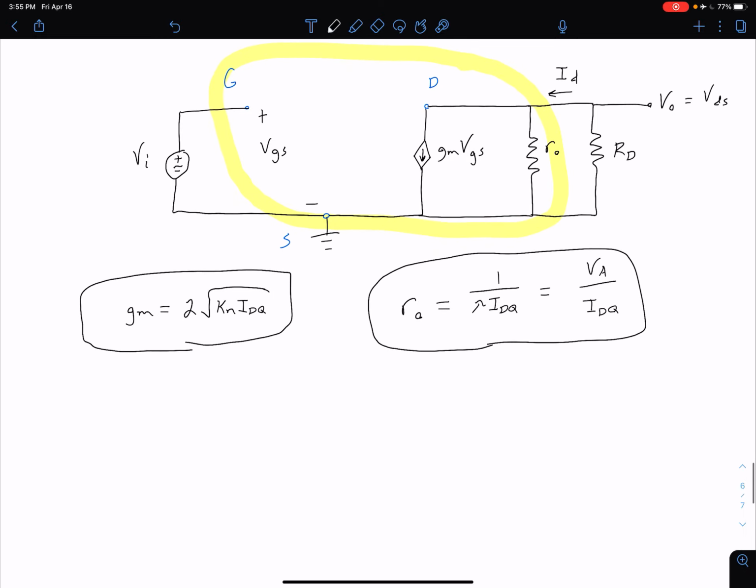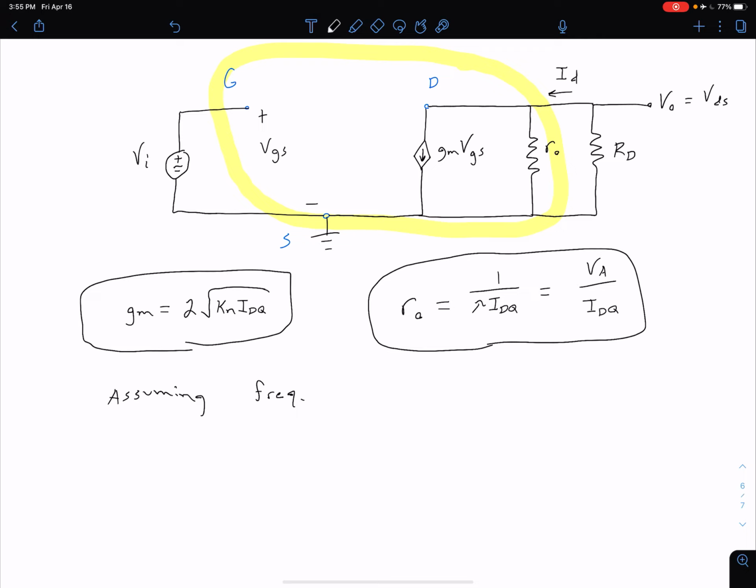So another important thing to keep in mind is that we're making a bit of an assumption when we leave this open circuit between our gate and our source, because ultimately remember that we have that MOS capacitor, which is between really our gate and our substrate, but typically the substrate and the source are tied together. So what we're assuming is that our frequency is low enough so that that capacitor is acting like an open circuit.